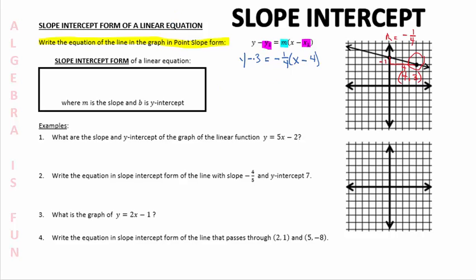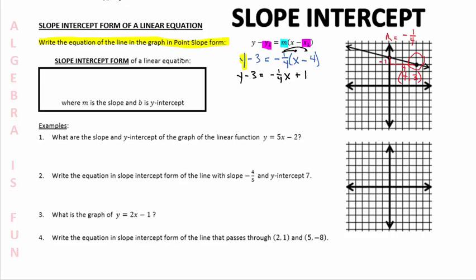Now I want to change this form and solve it to get just the y by itself. So to get y by itself, first I'm going to distribute this 1/4 and I get y minus 3 equals negative 1/4 x. Negative 1/4 times negative 4 is positive, and 1/4 times 4 is just 1.